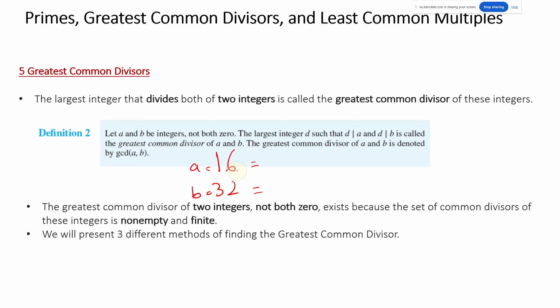So what's the prime factorization of 16? We have 16 divided by 2 gives me 8. Divide by 2 again gives me 4. Divide by 2 gives me 2. So this is going to be 2 to the power of 4. 2 times 2 is 4, times 2 is 8, times 2 is 16.